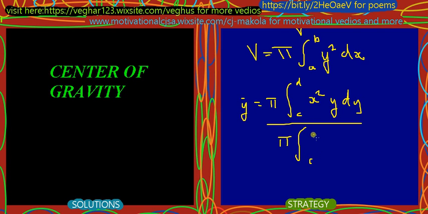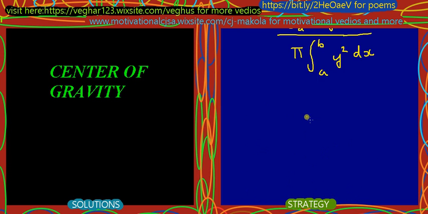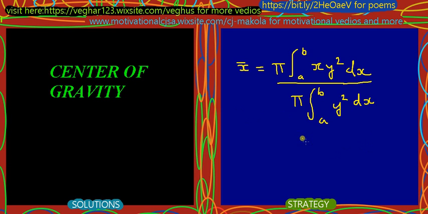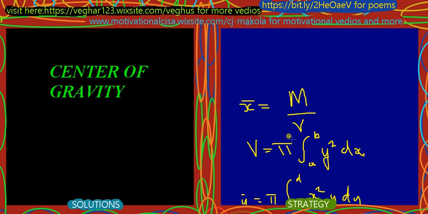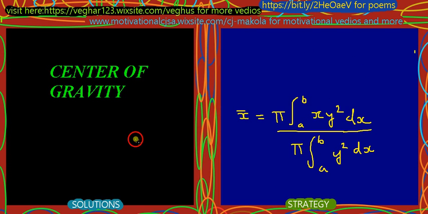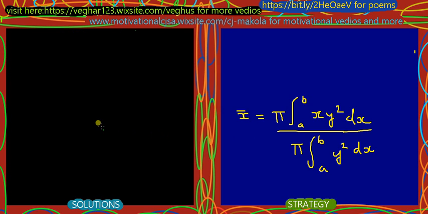So only deal with the disk volume, not the shell type of volume. When they ask you which equation to use, the equation is similar to the one you found on a question paper, but it's not exactly the same.